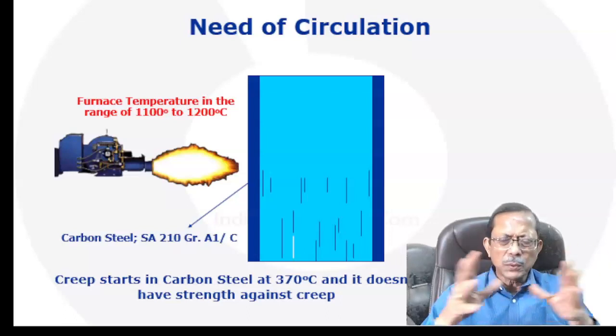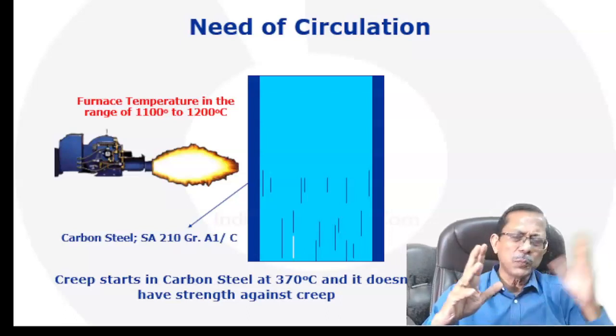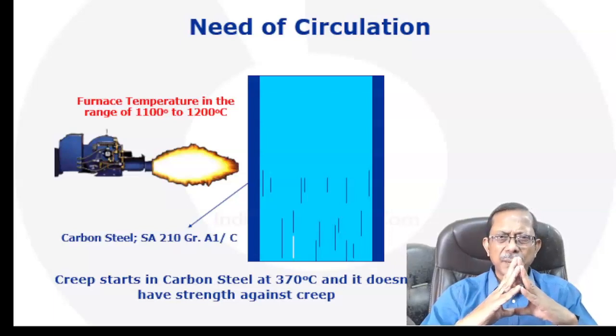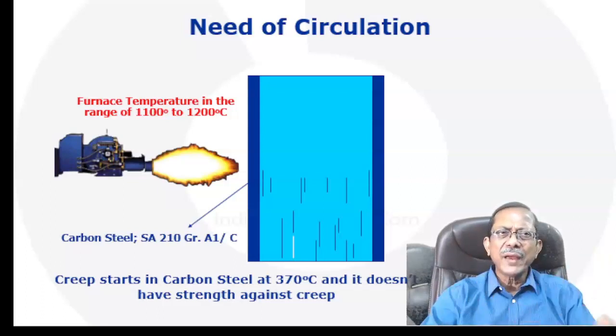I'm not going to talk about creep in this video. That would be the purview of some other videos that I'm definitely going to make. But creep is a mechanism which ultimately leads to an overheating failure in carbon steel. And unfortunately, carbon steel does not have any strength against creep.